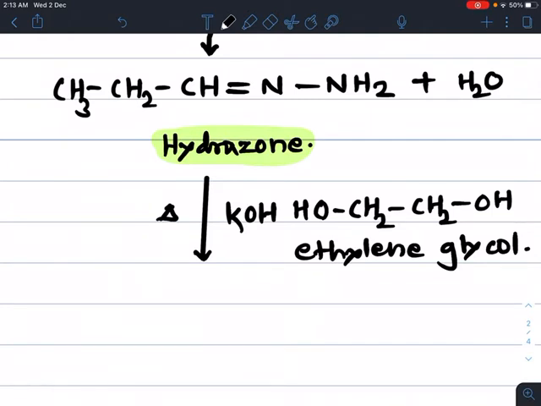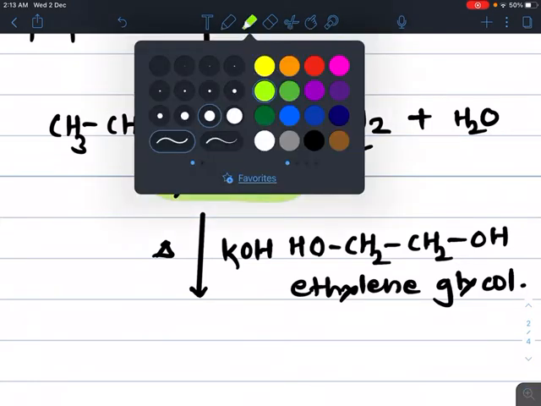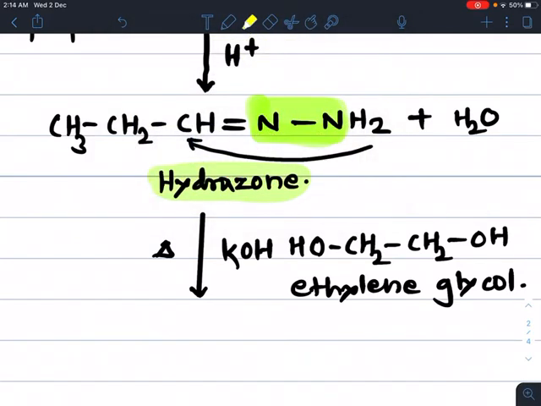So this nitrogen N2 group is removed from this hydrazone. N2 is removed and these two hydrogens are added to this carbon. So these two hydrogens are directly added to this carbon.